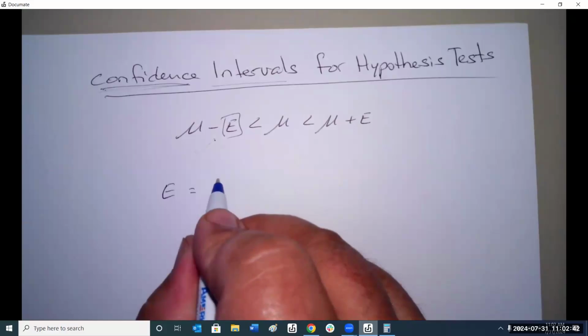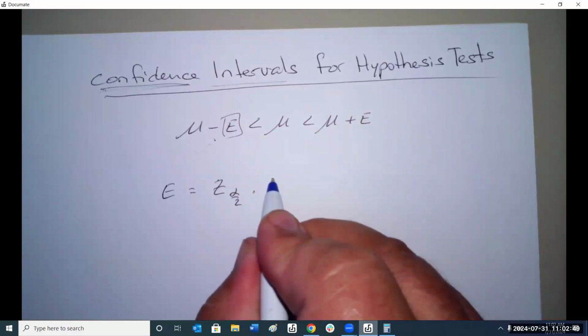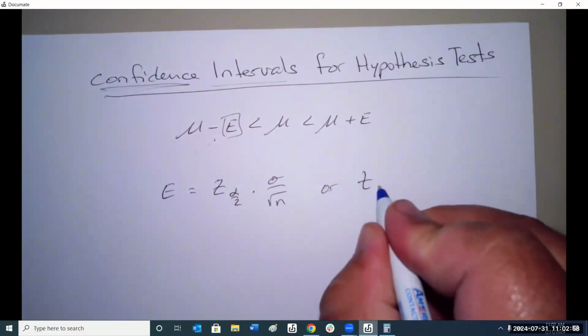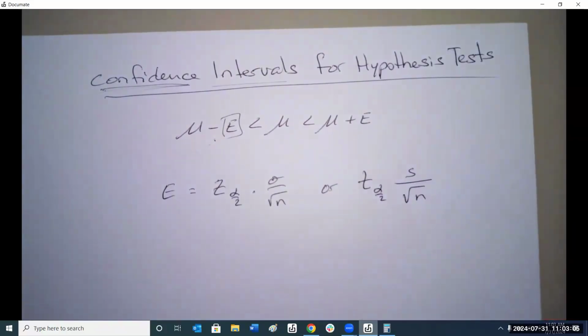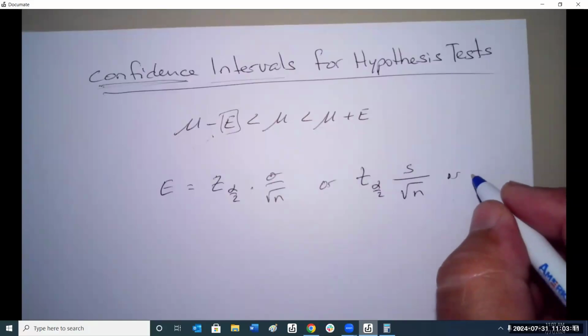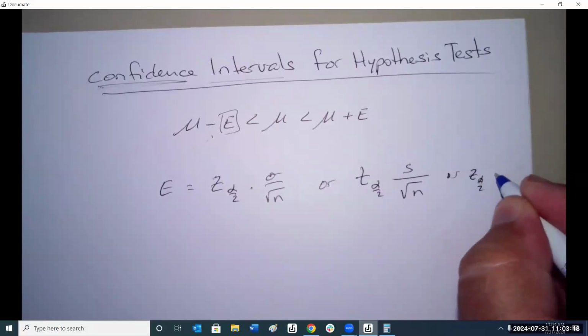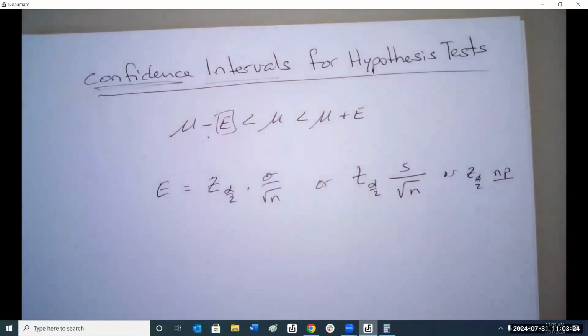Yeah, in many ways, it all depends on what we're given.